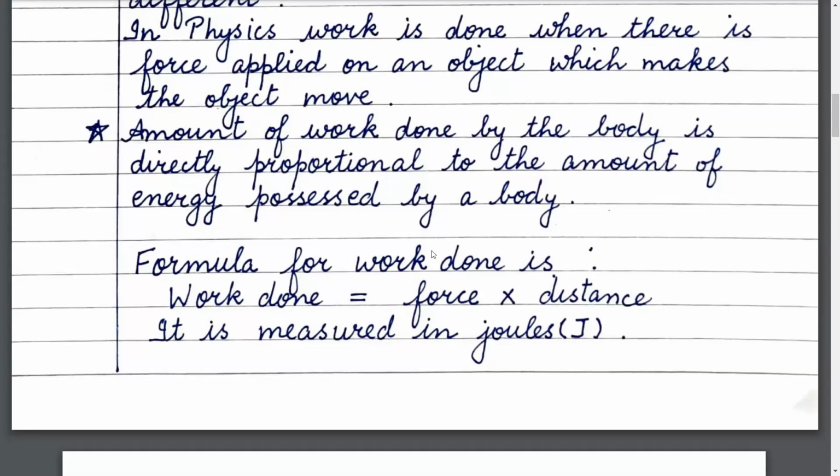And the amount of work done by a body is directly proportional to the amount of energy possessed by the body. The formula for work done is force multiplied by distance. It is measured in joules.